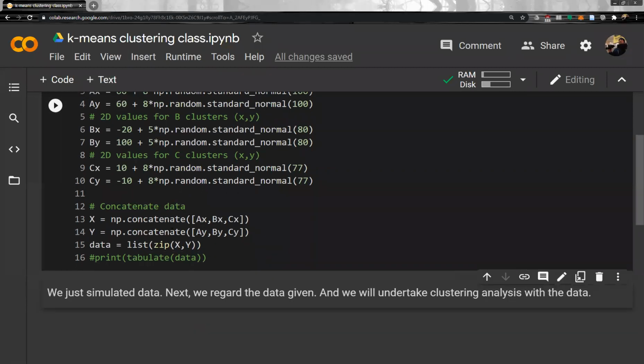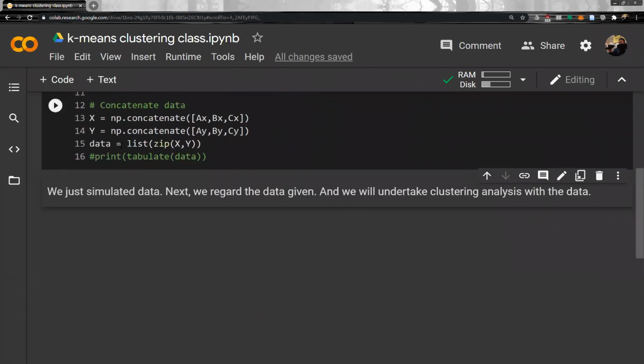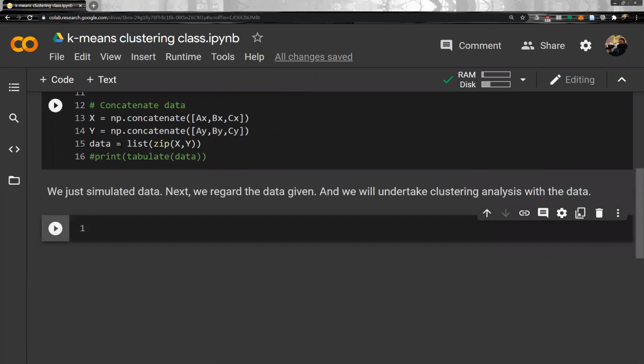Okay, we are going to do that. To do the clustering analysis, first let's see the graph first. So to see the graph, I think plt.scatter x, y.